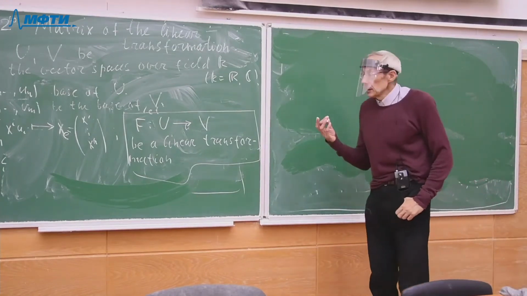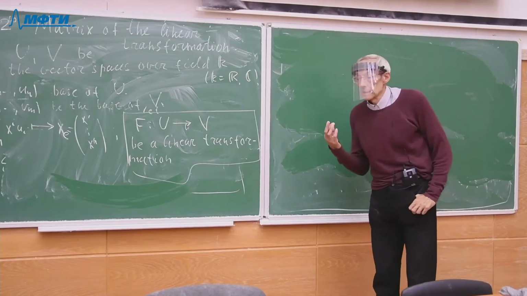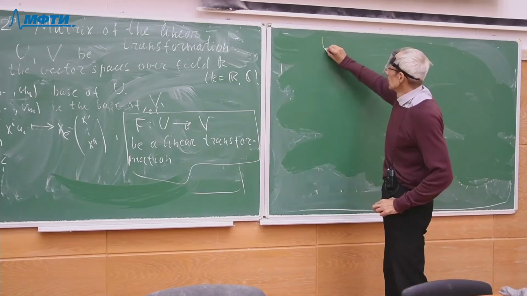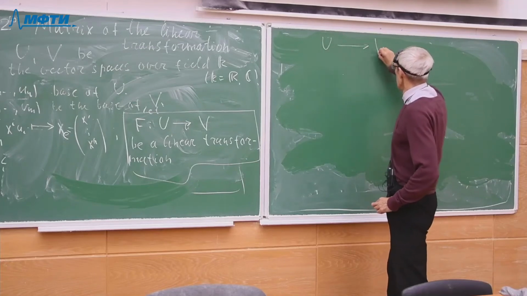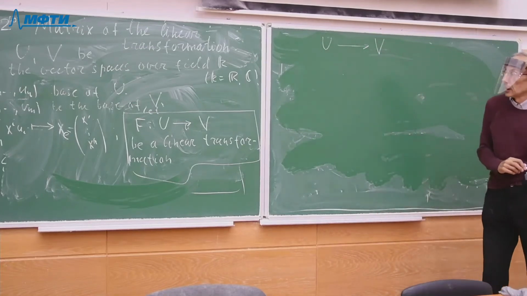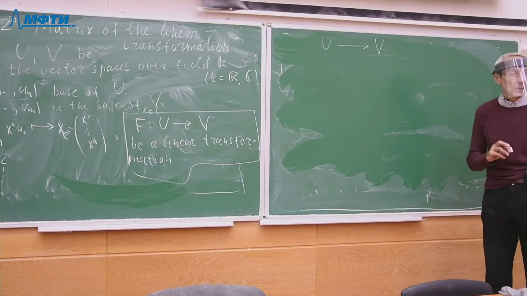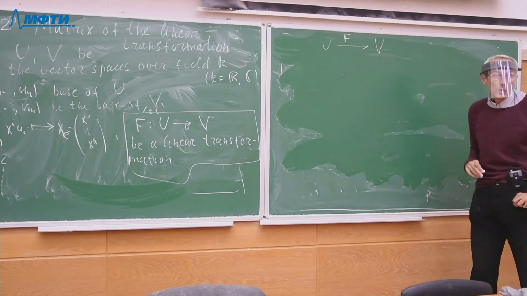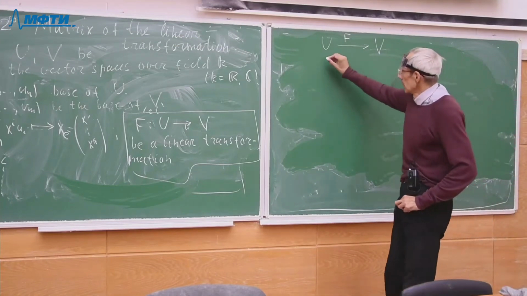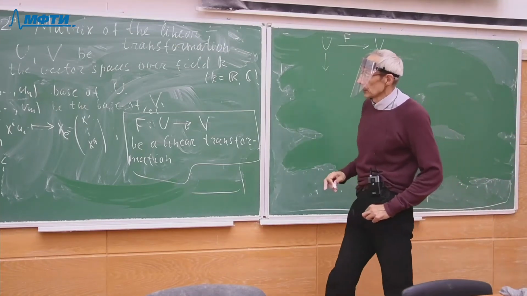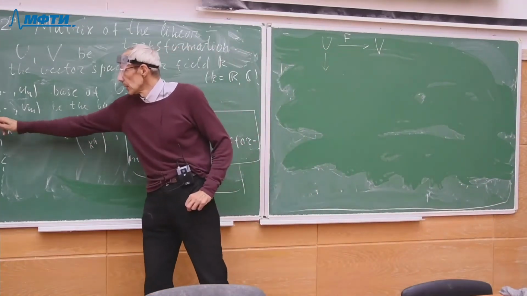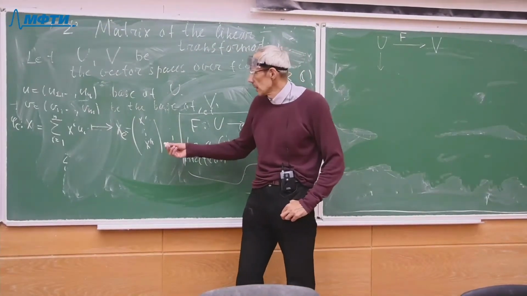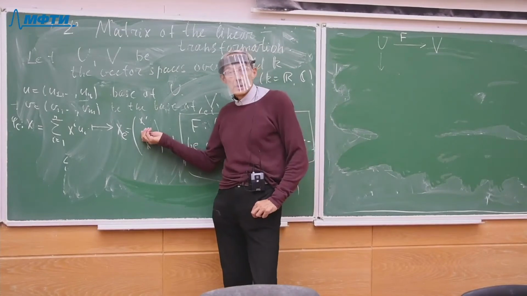The main idea of our correspondence is the following. Let U and V be two arbitrary vector spaces, and f a linear transformation. We have a correspondence which corresponds to an arbitrary vector x from the vector space its coordinates.